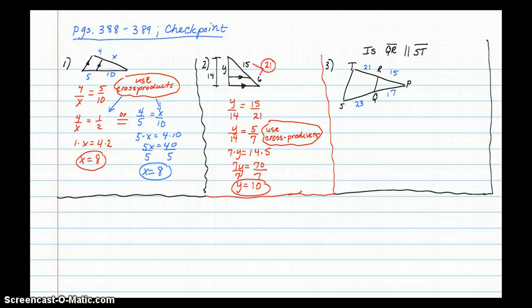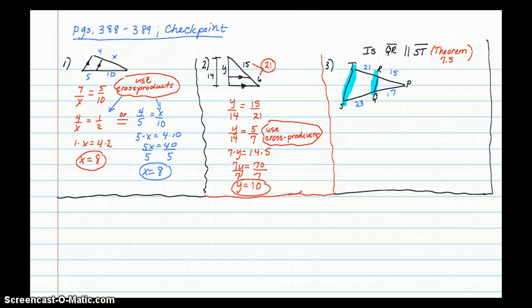The figure in number 3, the triangle in number 3, what we're trying to ascertain is whether QR is parallel, and that relates to theorem 7.5, the converse of the triangle proportionality theorem. If a line, RQ, divides two sides of a triangle proportionally, then it is parallel to the third side, TS.